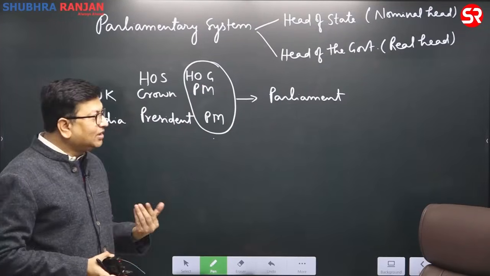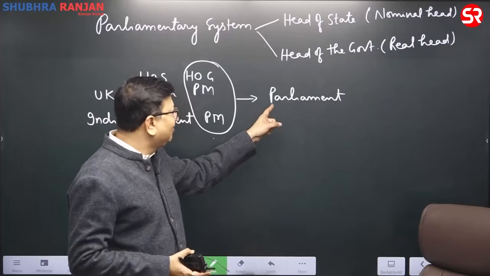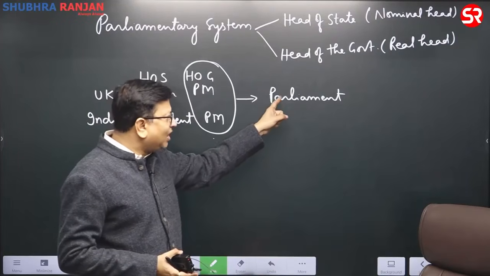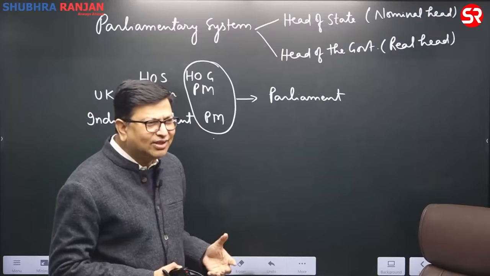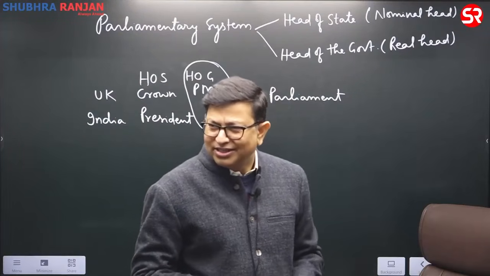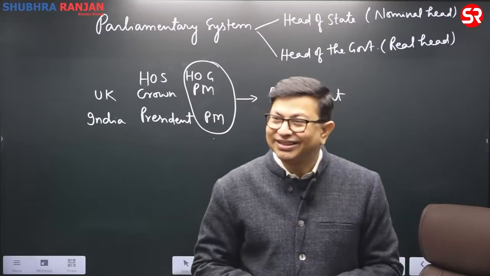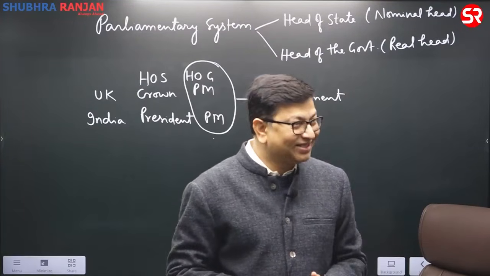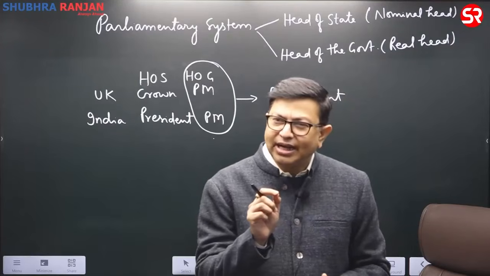Now, another question that can be in your mind: sir, if parliament is providing, in all the countries we don't have the nomenclature parliament. We have different nomenclatures of the legislature. So why was the word parliament chosen by the political scientists? You see, such a system evolved in the United Kingdom.